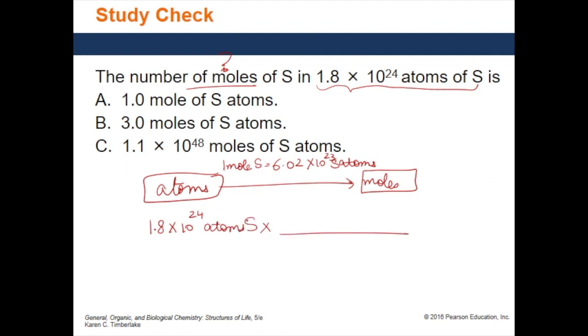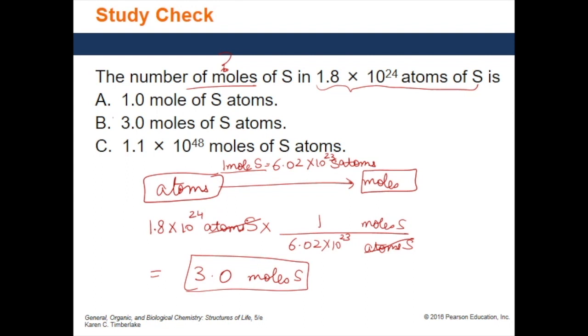Now to cancel the atoms, I'll divide by atoms of sulfur, multiply by moles of sulfur. 1 mole of sulfur is 6.02 times 10 raised to power 23 atoms. Atoms got cancelled. Our final answer is in moles of sulfur. If you plug this into your calculator, it would give you 3.0 moles of sulfur. So our final answer is number B.